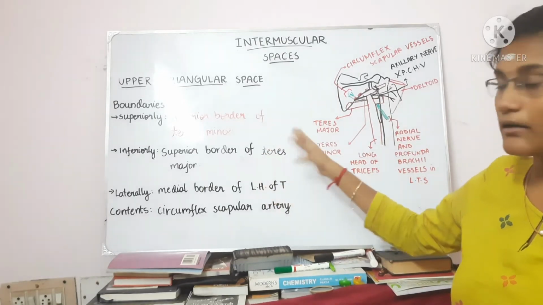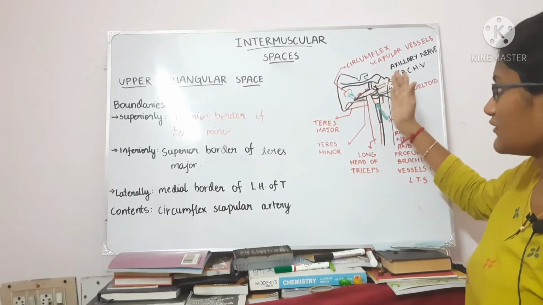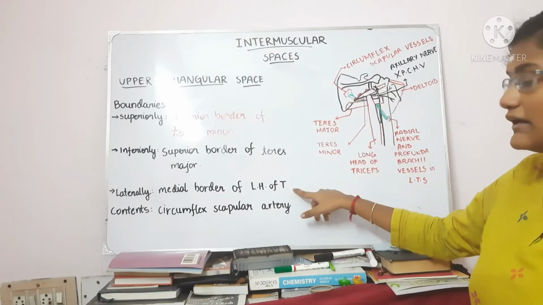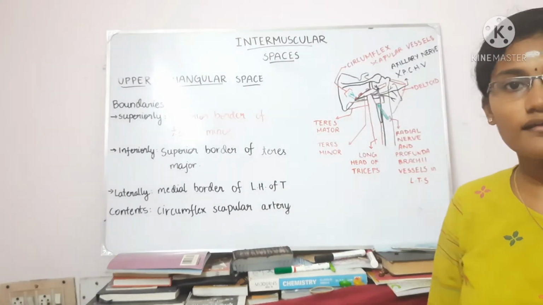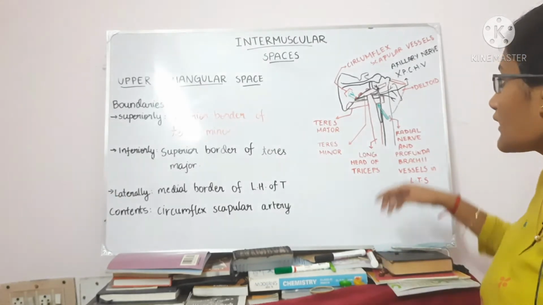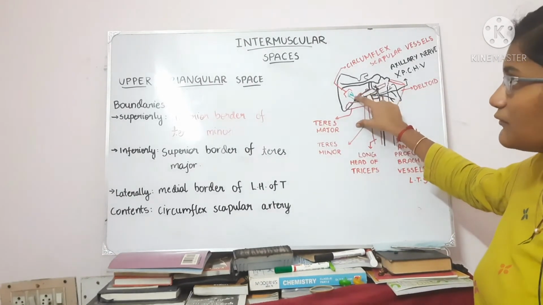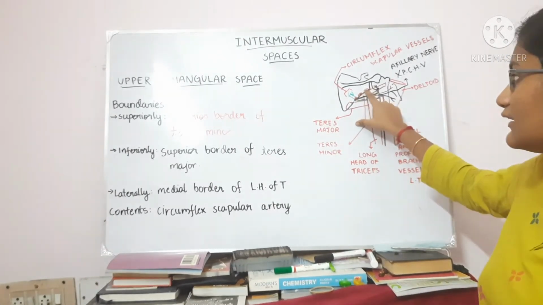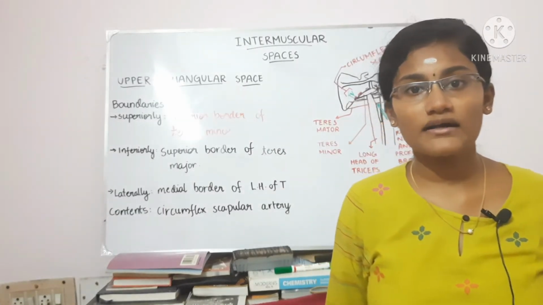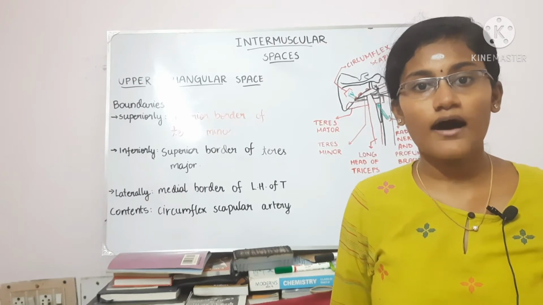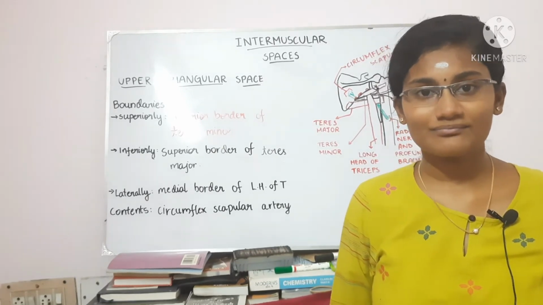Going to inferiorly, it is bounded by the superior border of the teres major, and laterally it is bounded by the medial border of the long head of triceps. The content passing through it is the circumflex scapular artery. The circumflex scapular artery interrupts between the two origins of the teres minor, and it supplies the infraspinous fossa. It also participates in the anastomosis around the scapula.